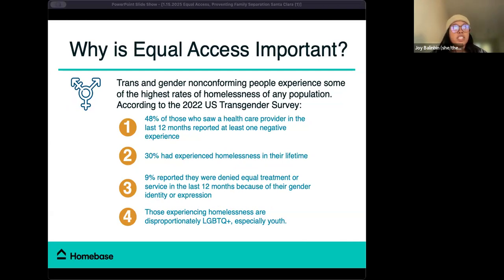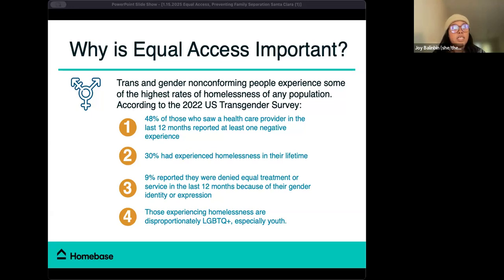And so we wanted to share out some pieces of the 2022 US Transgender Survey, which is the largest survey examining the experiences of all transgender folks in the United States. And this survey actually just reflects the ongoing disparities and patterns of mistreatment and discrimination against trans folks.